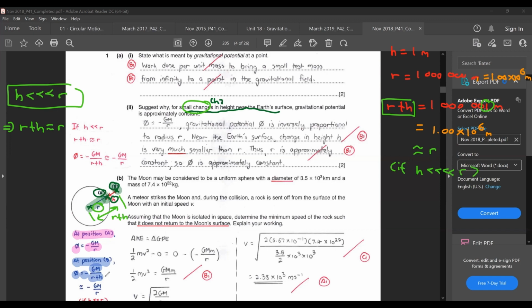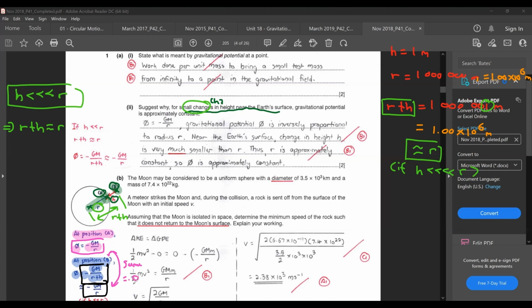Okay, so if your R plus H can be considered as the same as R itself, this equation here, negative GM over R plus H, can actually be the same as negative GM over R. So you do a comparison between these two equations, they're actually going to be the same.